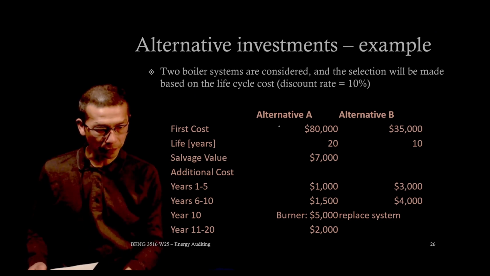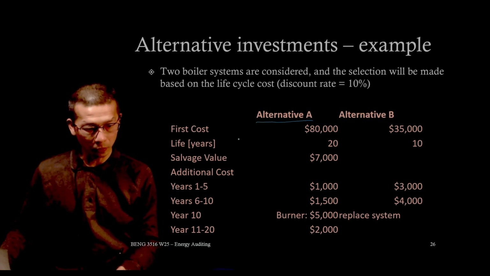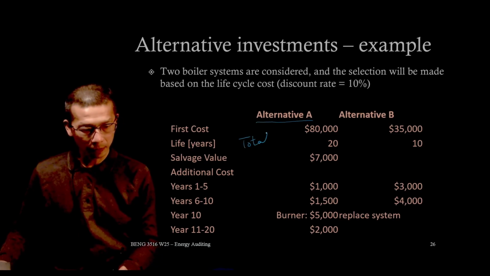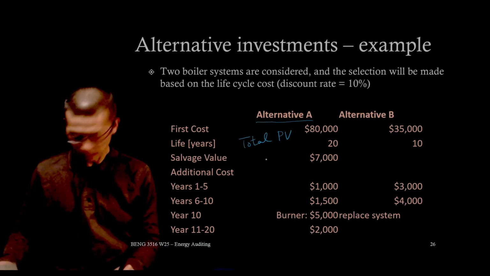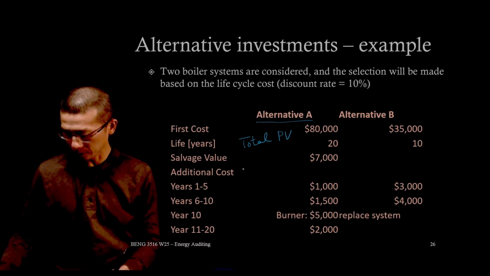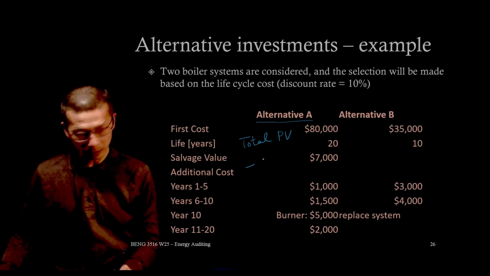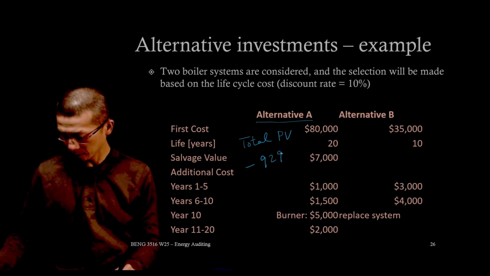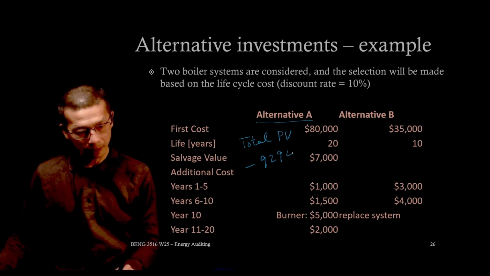Okay, so for system A, the total present value, see if you can get this number, is minus 92,949.